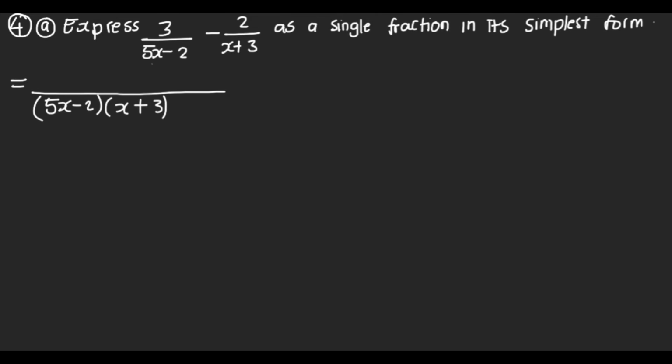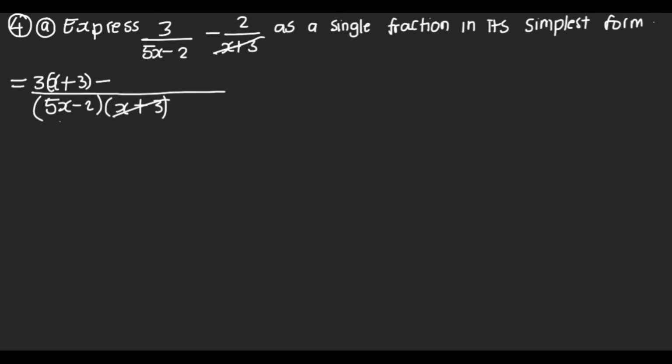Then we are going to divide. So 5x minus 2 into 5x minus 2 times x plus 3. So this means this and this will cancel, giving us 3 times this. That's why we just say 3 will multiply with x plus 3 minus, then x plus 3 into 5x minus 2 times x plus 3.